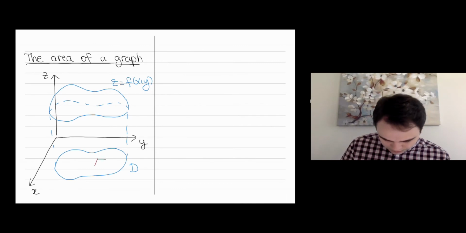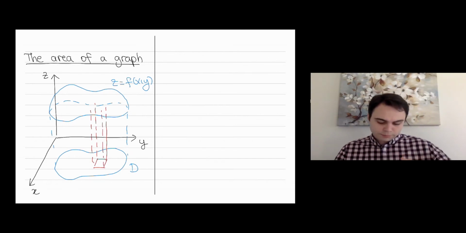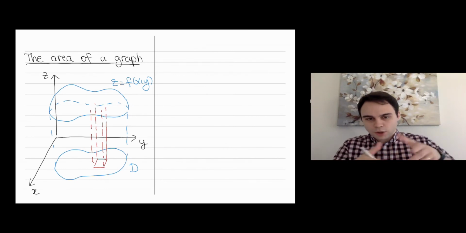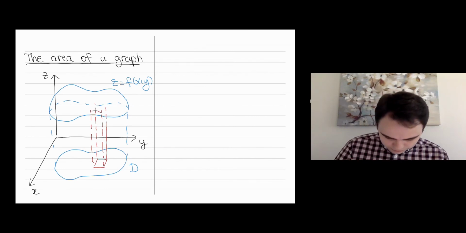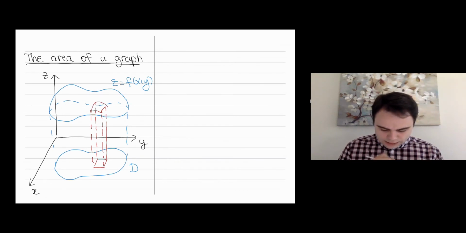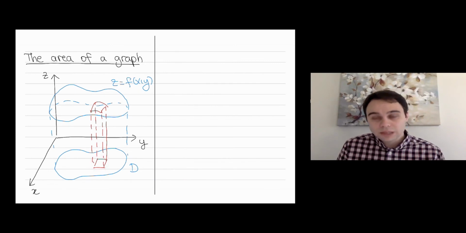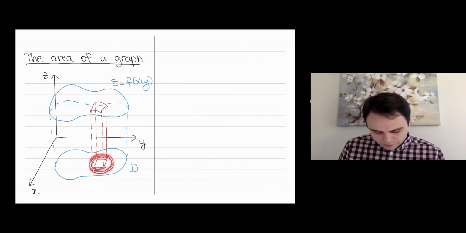I'll subdivide D into small pieces, and then look at the corresponding pieces. Take a little piece of area inside D, and look at the corresponding piece of this graph that lives above it, like this.